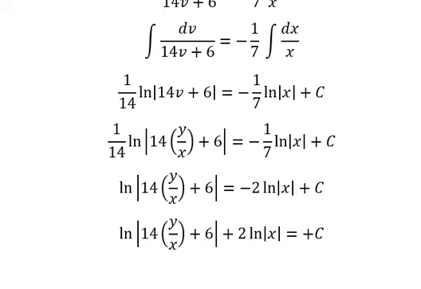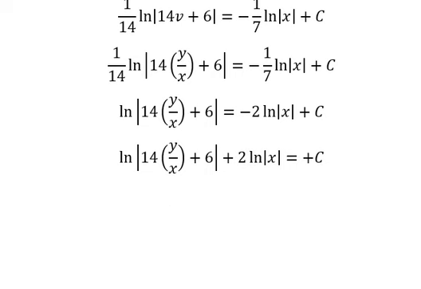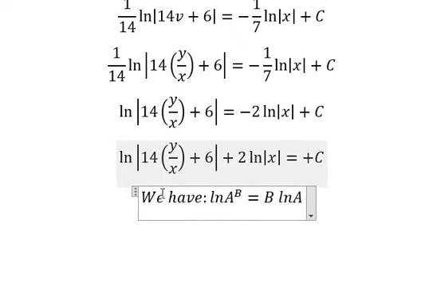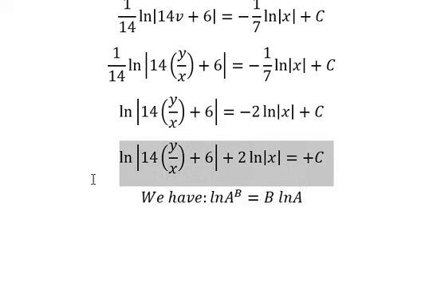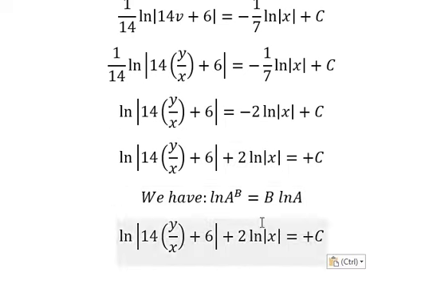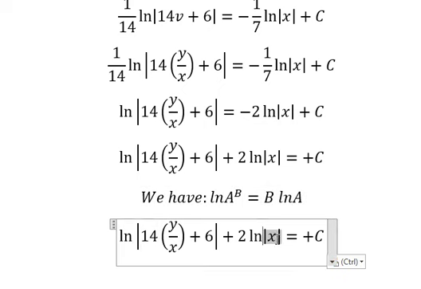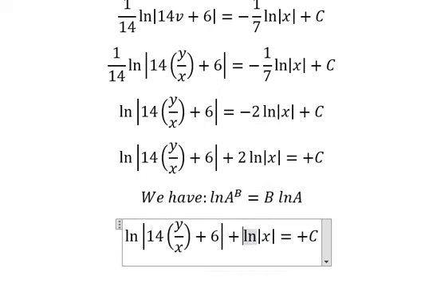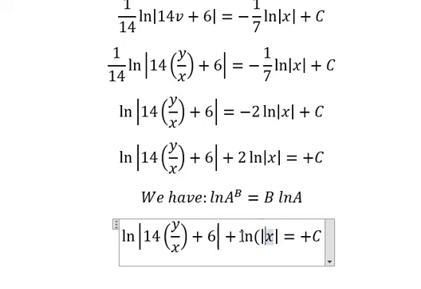Next, we have the formula in here. So I will put number 2 go inside the natural log in here, because b is number 2, a is this one. So we have like this.